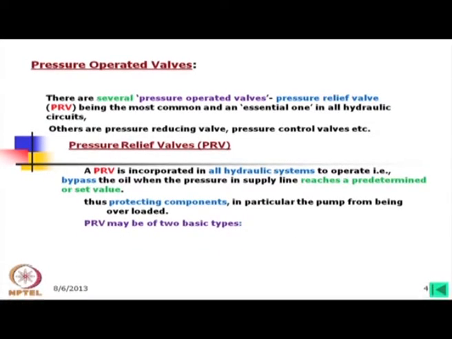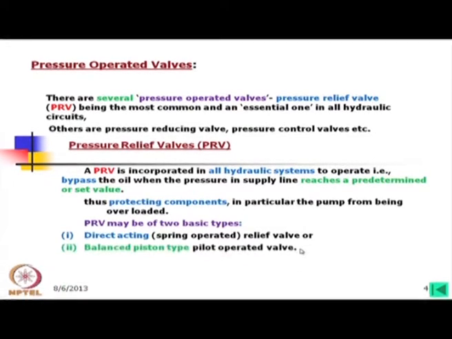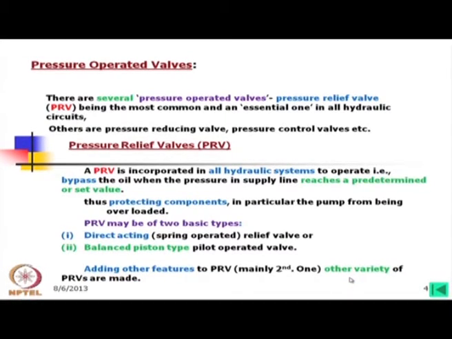PRV may be of two basic types: one, direct acting spring operated relief valve, or two, balanced piston type pilot operated valve. By adding other features to PRV, mainly on the second one, other varieties of PRVs are made.